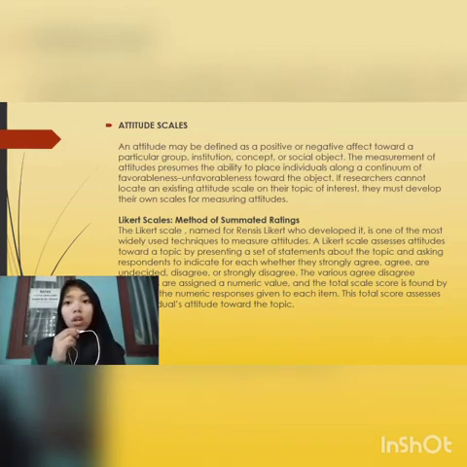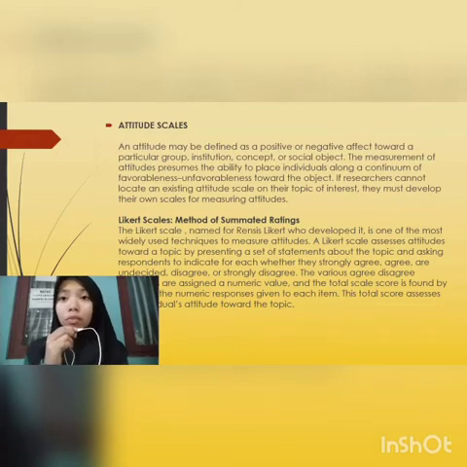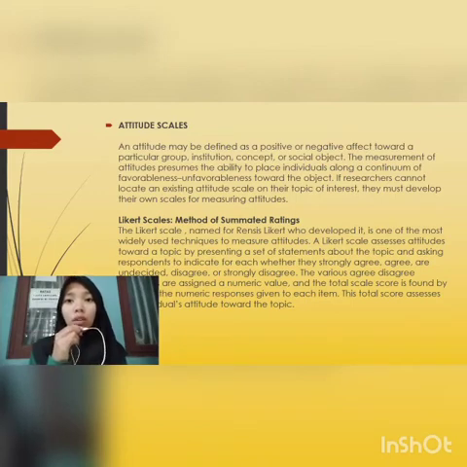The measurement of attitude presumes the ability to place individuals along a continuum of favorableness or unfavorableness toward the object. If researchers cannot find an existing attitude scale on their topic of interest, they must develop their own scales for measuring attitudes.